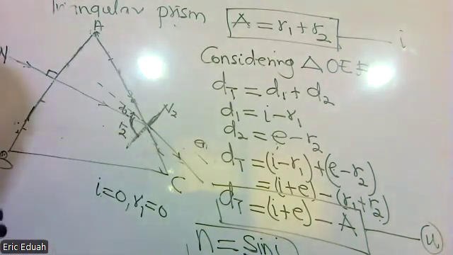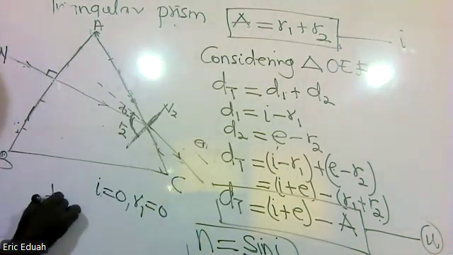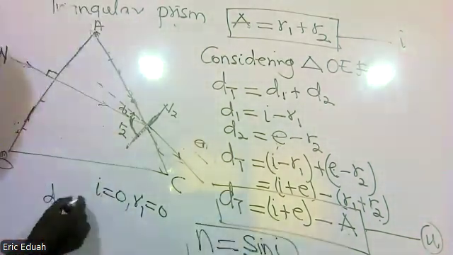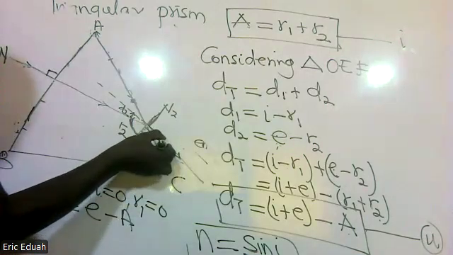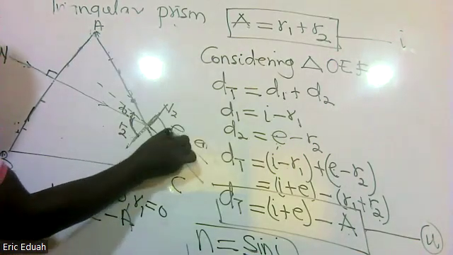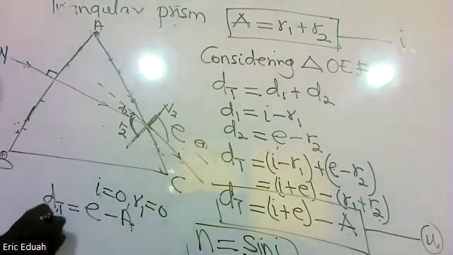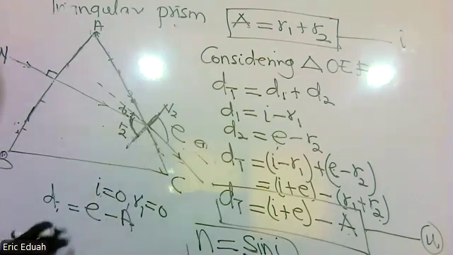So if I is 0, we have the total deviation being equal to I plus E minus A. So I is 0, so we'll only have E minus A. And don't forget, this is E. So we can find if I is 0, then the only deviation which will survive here will be D2.